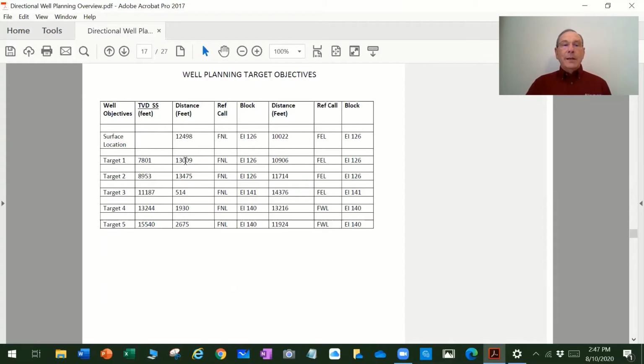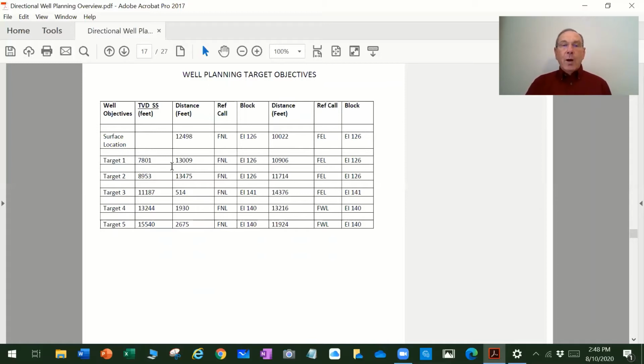The distances from the north line and from the east line or west line of the blocks are shown here. So I can tell a little bit by looking at this information. It says the surface location is located 10,022 feet from the east line of Eugene Island Block 126.